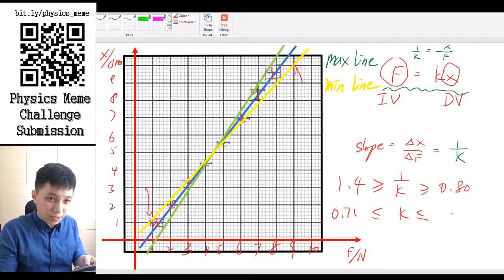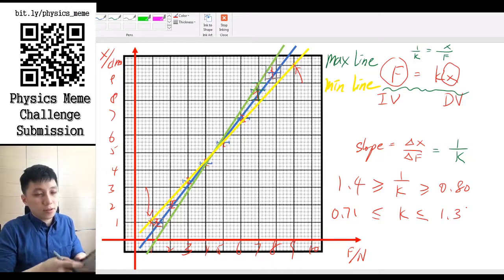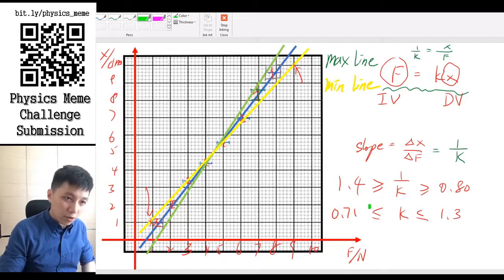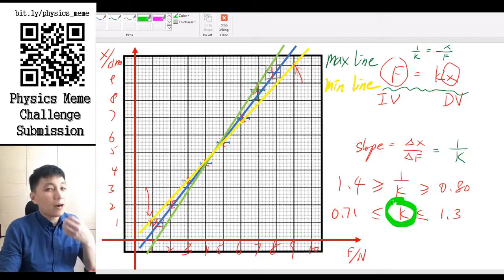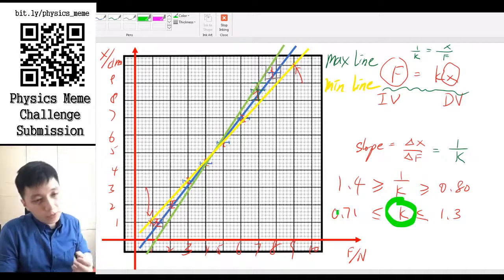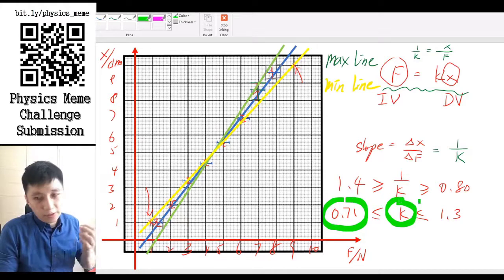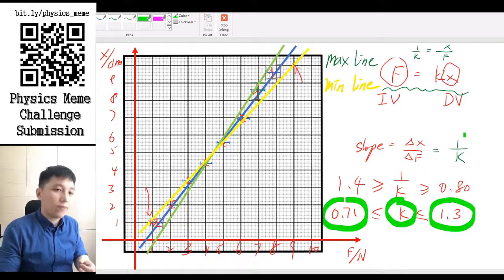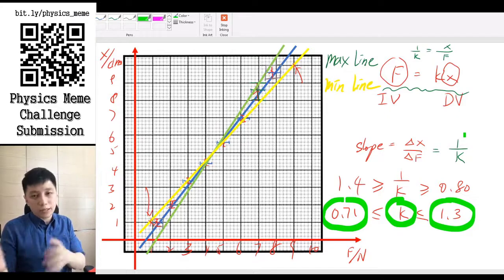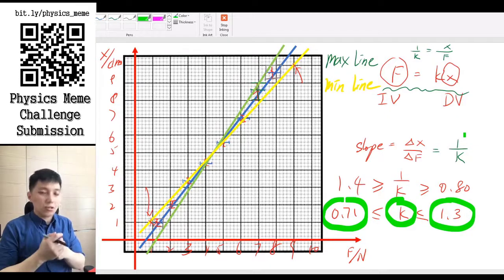So let's say this is 0.80, then I can take 1.3 then. Okay, so this is eventually what we care the most, right? We somehow manage to find out maybe for the spring constant of this one has a range of 0.71 and 1.3. And probably in your IA, you want to compare this value with the literature or other researchers' result.